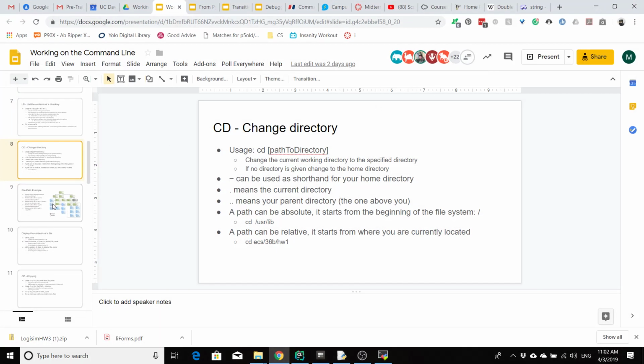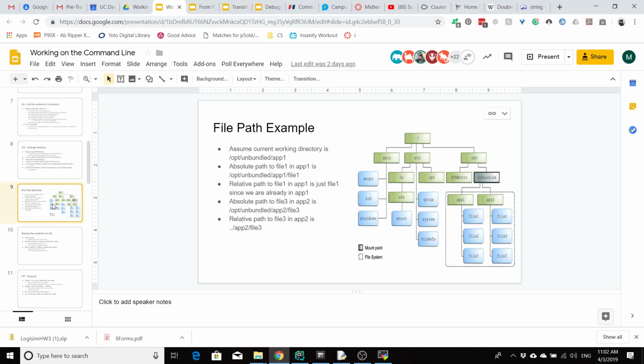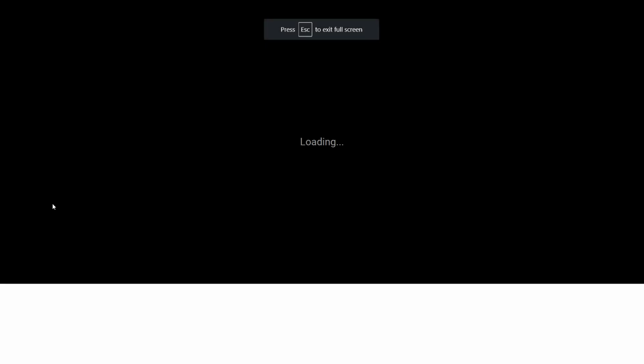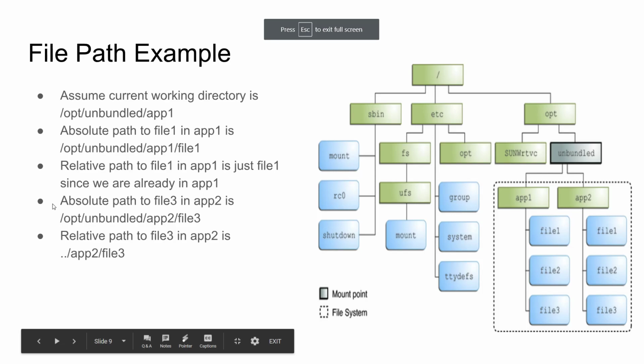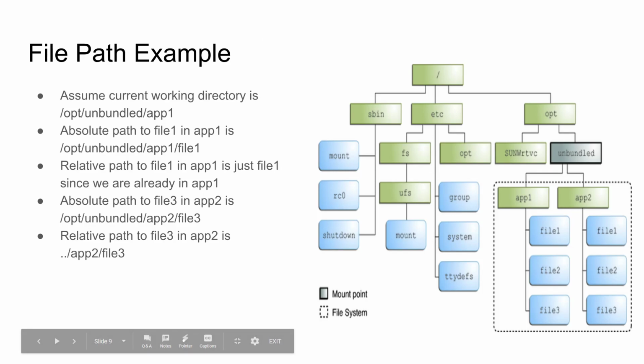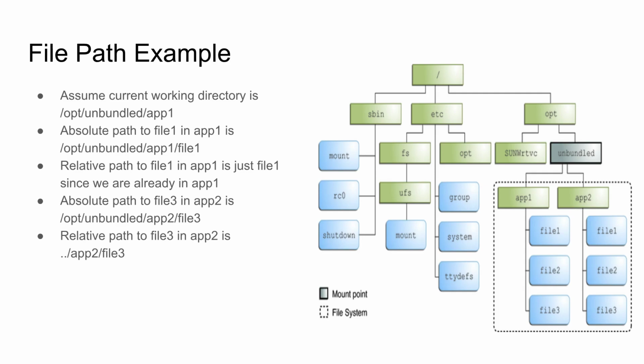So we talked about cd yesterday. So again, here are some examples of paths. Remember, there are absolute paths, which are from the beginning of the file system. The beginning of the file system on a Unix machine starts with /. On a Windows machine, it's going to be like C: or D:, the name of the drive that you want to work on.